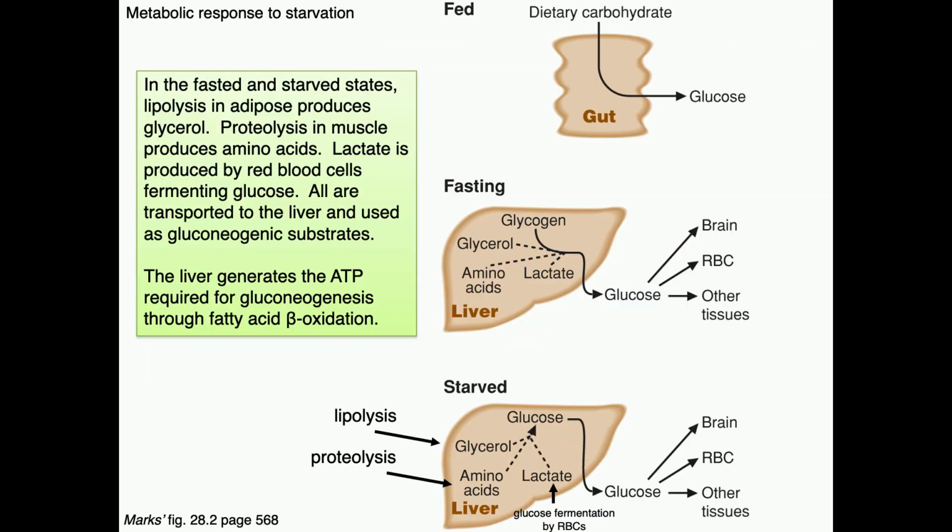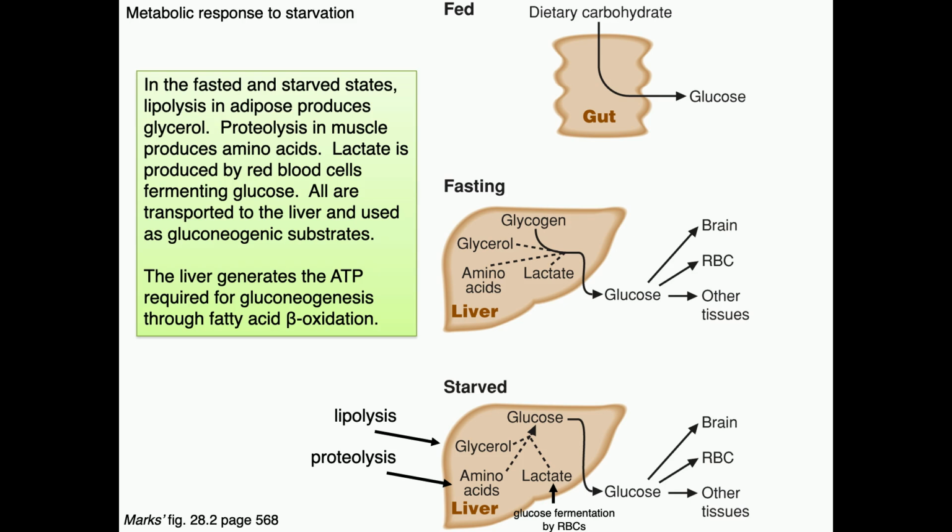Okay, I think we've seen this cartoon before, summarizing carbohydrate metabolism in the fed, fasted, and starved states. After just a typical overnight fast, you're going to be using glycogen as your major source of hepatic glucose output.